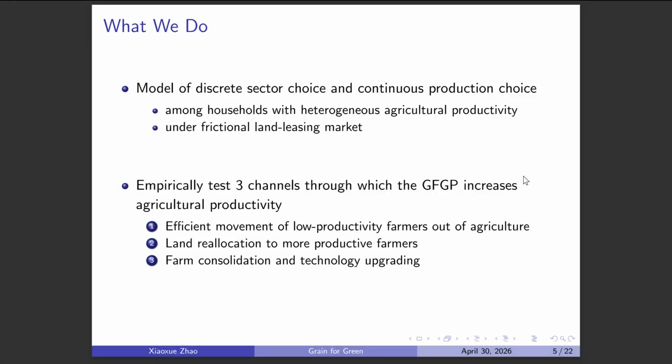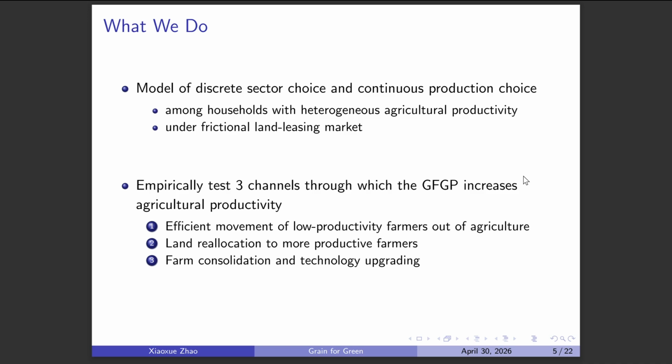So what exactly do we do? In this paper, in order to explain this counterintuitive positive agriculture output effect of the Grain for Green program, we are going to construct a model. The major objective of this model is to illustrate 3 different channels through which this environmental program that subsidizes farmers to exit their land from cultivation could in fact significantly improve agricultural productivity.